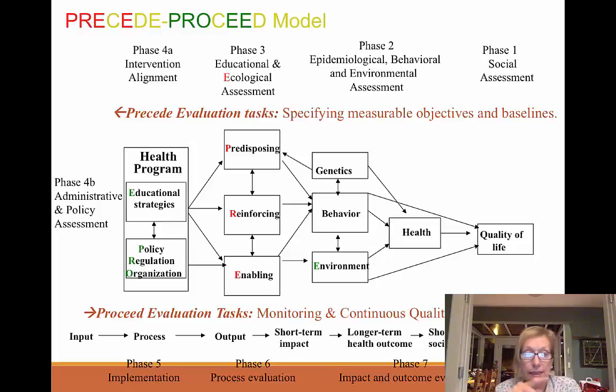You can see in the title that the red letters in PRECEDE correspond to the things in the second column under phase 3, and PROCEED in dark green corresponds to the dark green in the left-hand column under phase 4A.